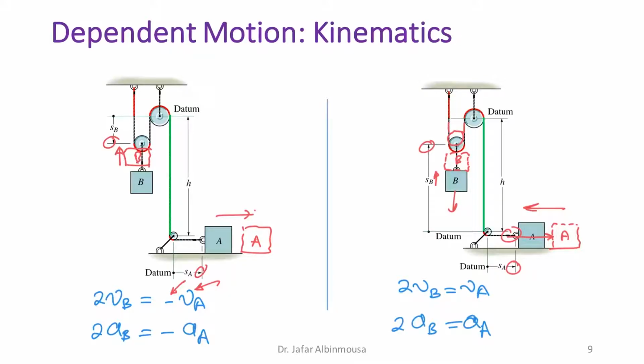If, for example, block B moved downward, which is positive, so you apply a positive number over here, but block A will move to the left-hand side. Left-hand side means the velocity of A has to be negative. And if you substitute a positive number in here, and you solve for VA, this negative will go there, and you will get a negative number, which is perfect. So both equations give the same result.